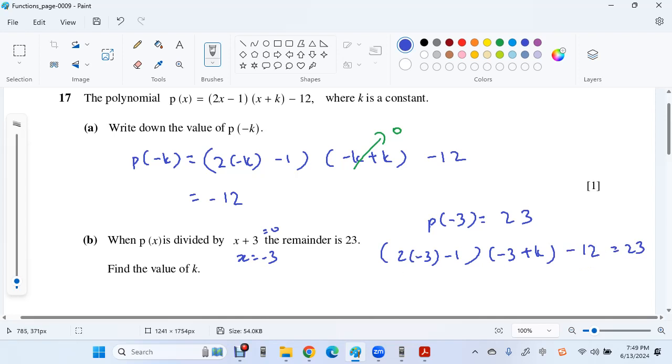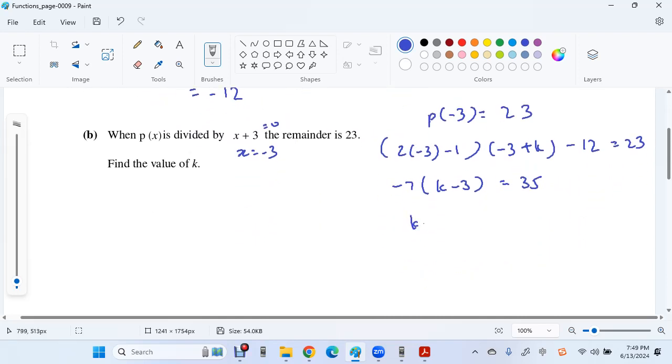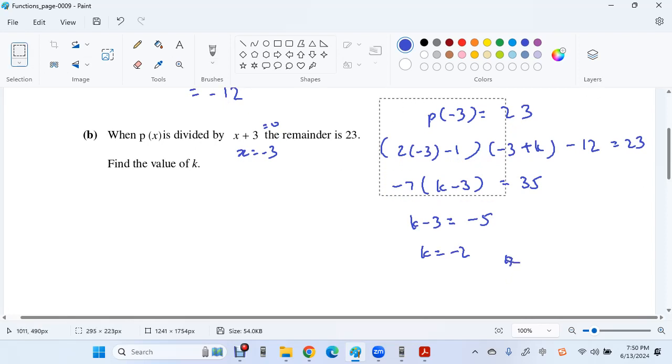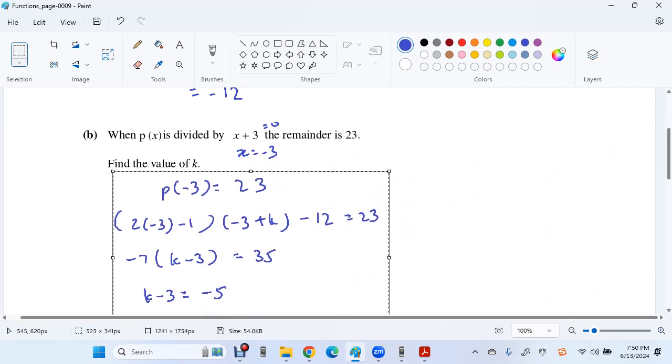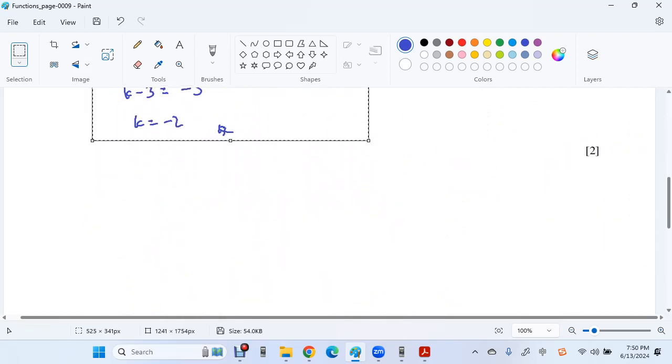So -6 minus 1, -7, times (k minus 3) equals 35. So k minus 3 equals -5, k equals -2. So the answer is k equals -2. Yes, correct.